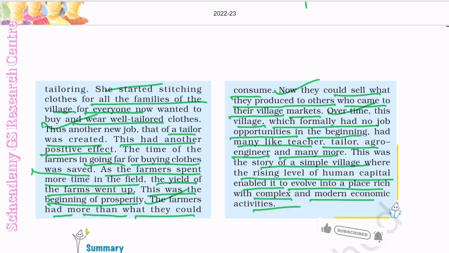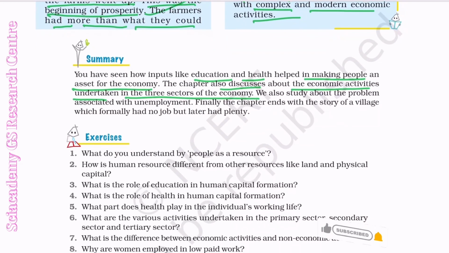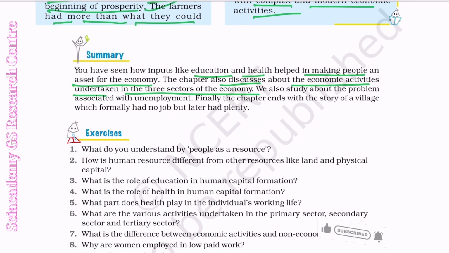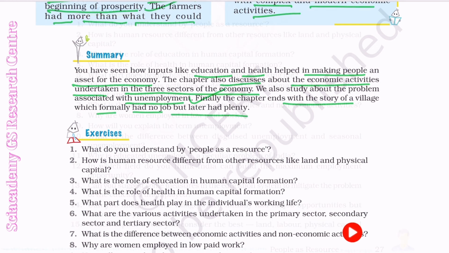Summary: you have seen how inputs like education and health helped in making people an asset for the economy. The chapter also discusses the economic activities undertaken in the three sectors of the economy. We also study the problems associated with unemployment. Finally, the chapter ends with the story of a village which formerly had no job but later had plenty.